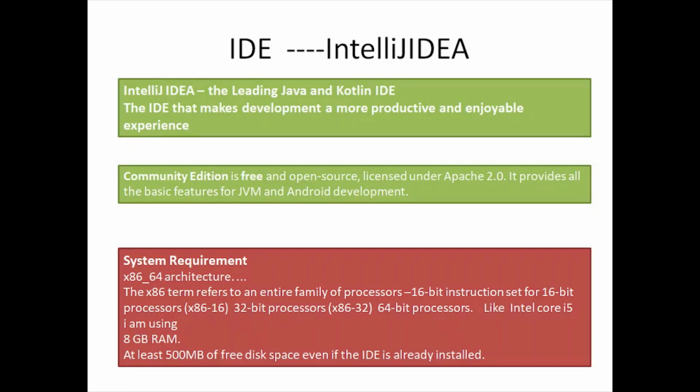Some say a significant amount of RAM should be there so that the execution may be a little faster, and at least 500 MB of free disk space even if the IDE is already installed. So the remaining space greater than 500 MB should be there. All these requirements must be maintained before going ahead.